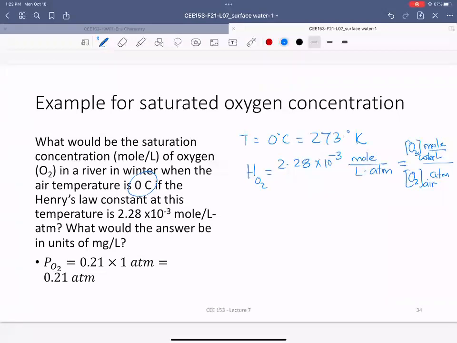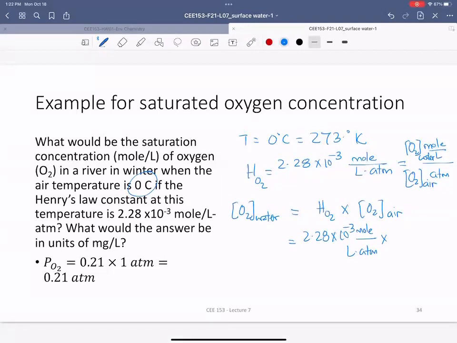Based on that equation, the concentration of oxygen in water in moles per liter would be the Henry law constant, which is already given to you, times the oxygen concentration in air. The constant is 2.28 times 10 to the minus 3 moles per liter atm.